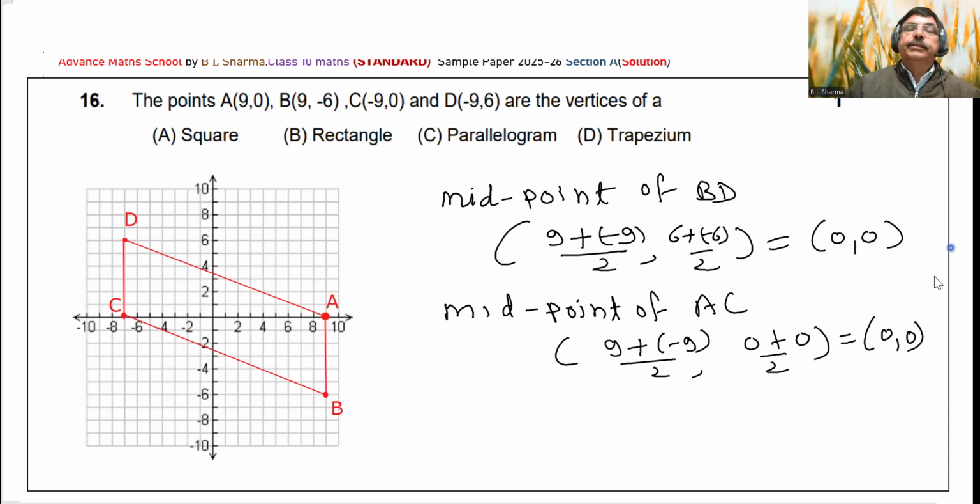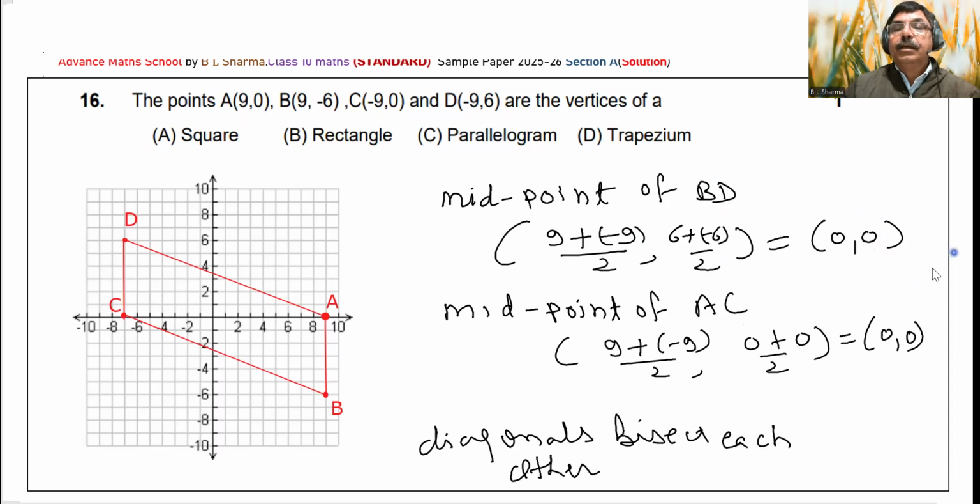We observe here that the coordinates of the midpoint of diagonal BD and the midpoint of diagonal AC are the same. So we can say the diagonals bisect each other, and when diagonals bisect each other, it will be a parallelogram. So, what is the correct answer?